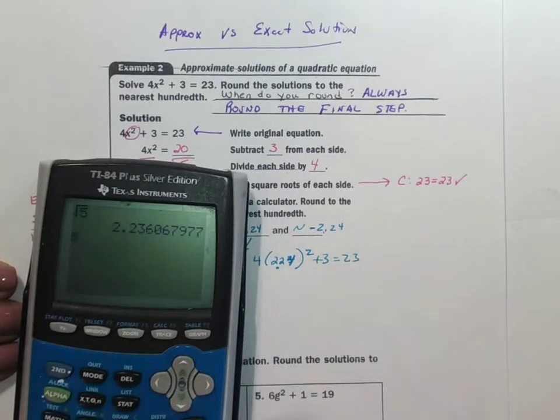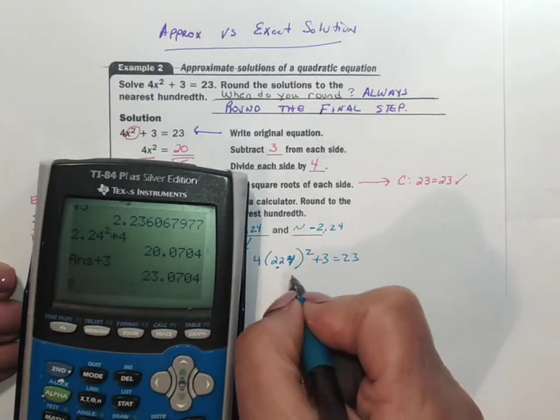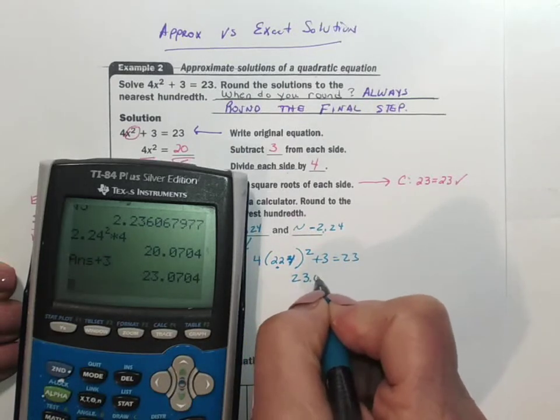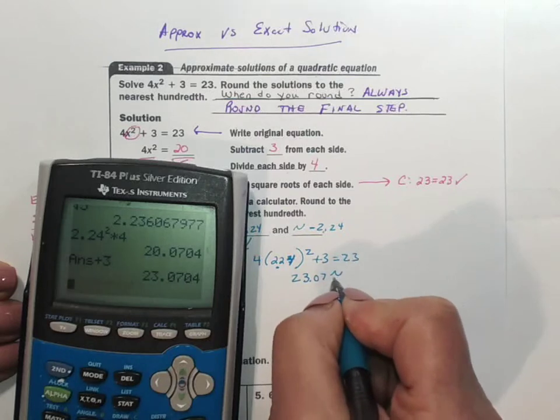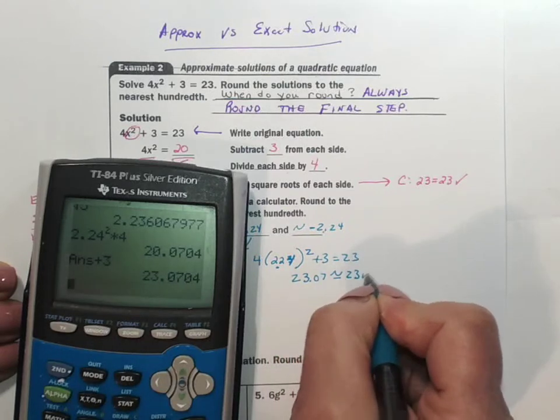I take 2.24, square it, times 4 plus 3, and I get 23.07, which is approximately equal to 23.